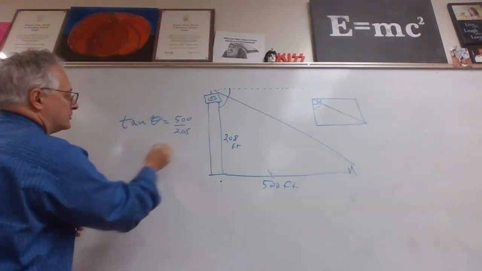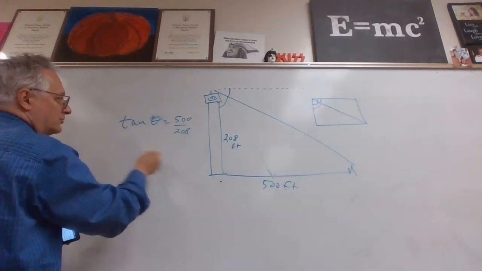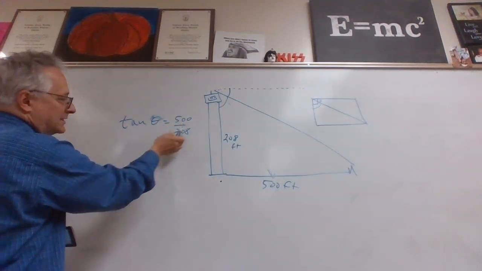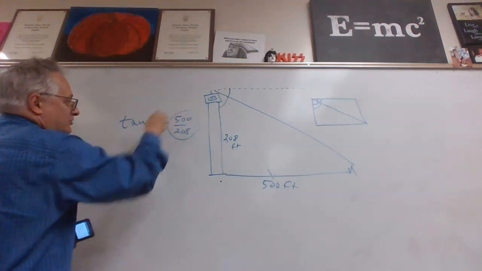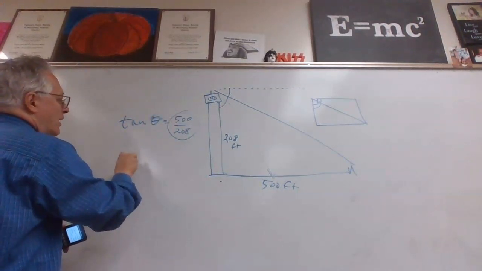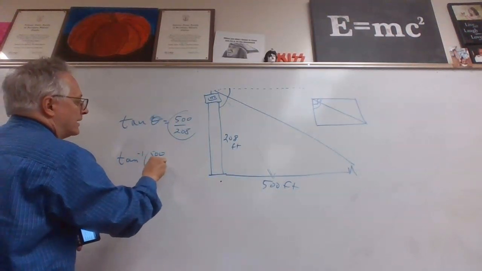Made a little mistake there. So what I have to do is put this number into my calculator. I was hitting the tangent button there. This is the tangent minus 1 of 500 over 208.